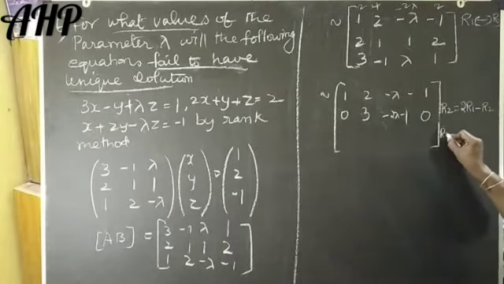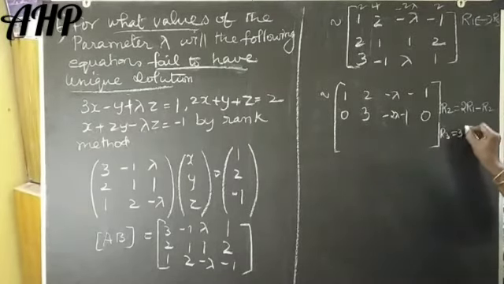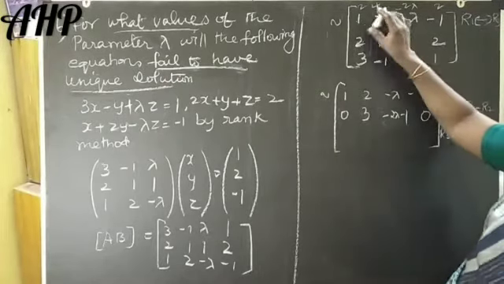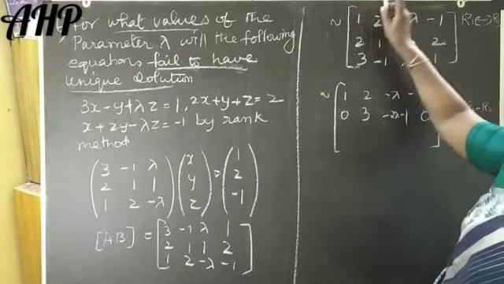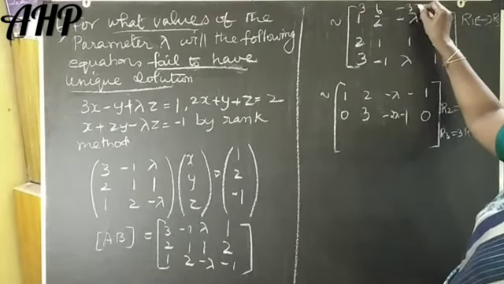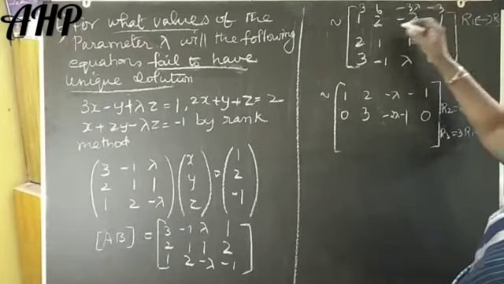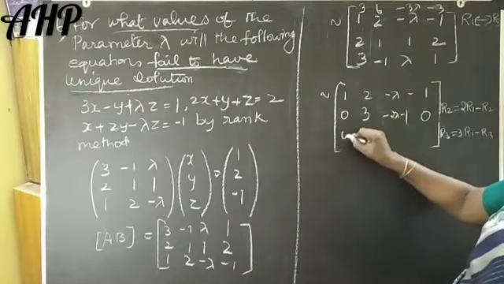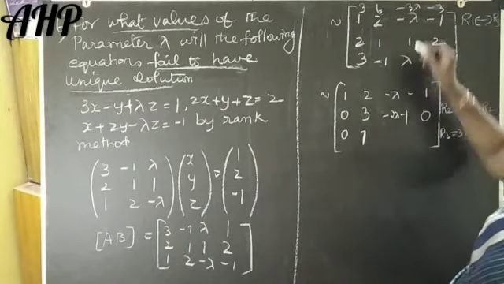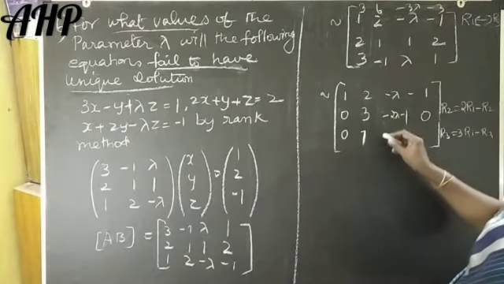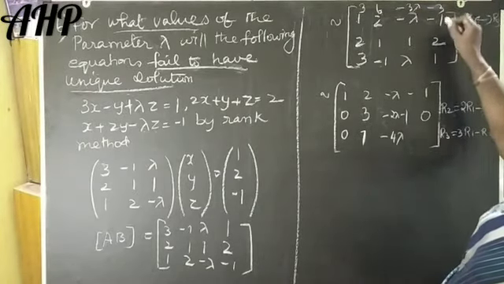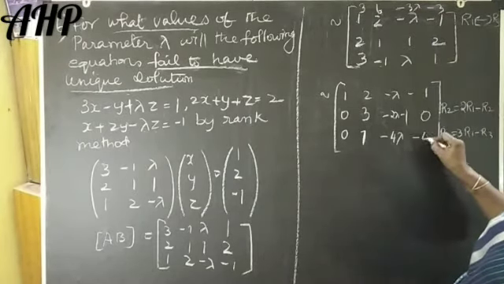Therefore, R3 is equal to 3R1 minus R3. So multiplying this by 3, we get 3, 6, minus 3 lambda, minus 3. Now 3 minus 3 gives you 0. 6 minus of minus 1 will give you 7. Minus 3 lambda minus lambda gives you minus 4 lambda. Minus 3 minus 1 gives you minus 4.